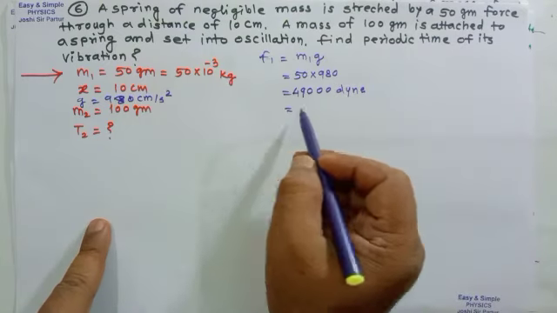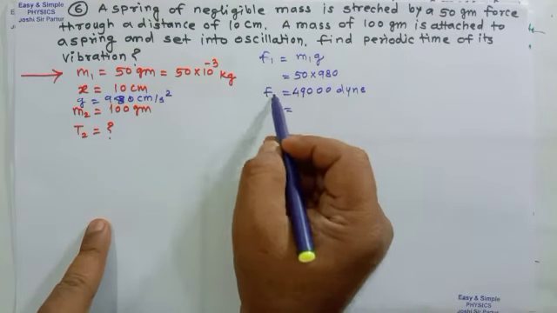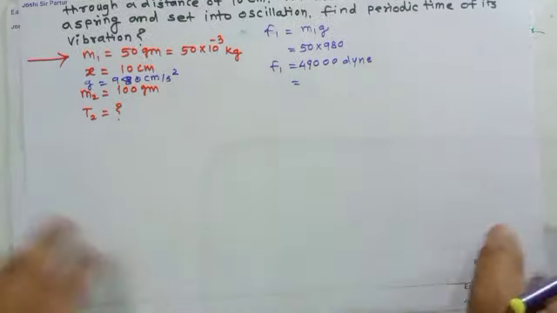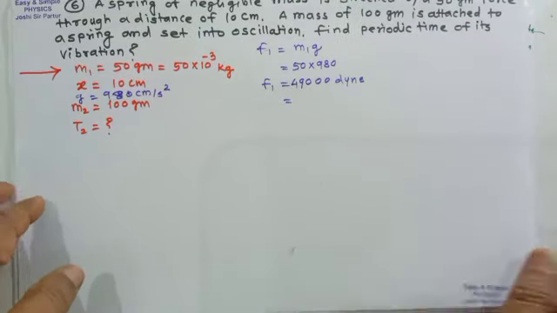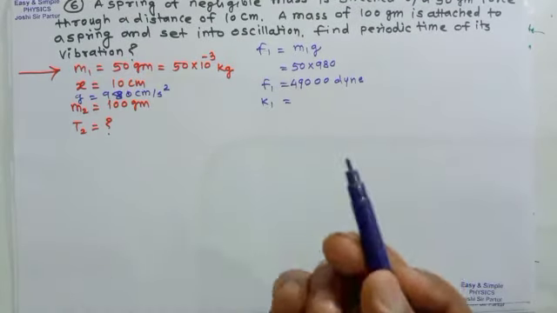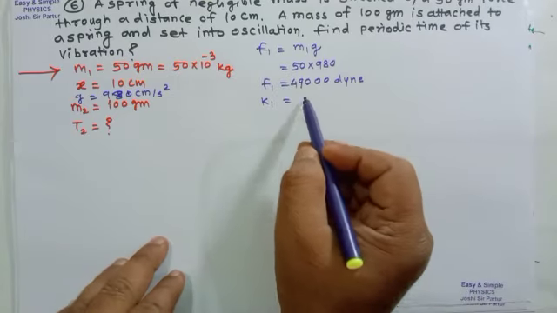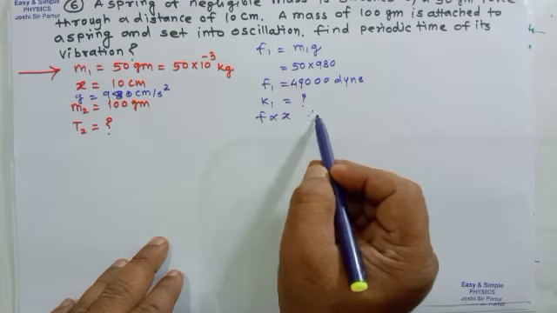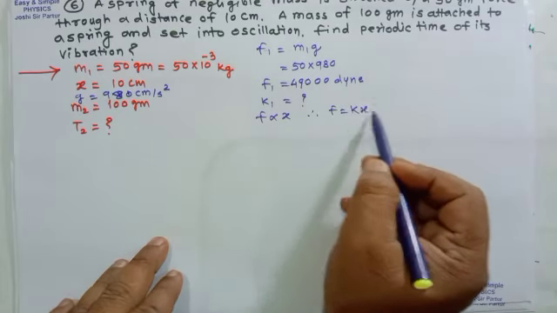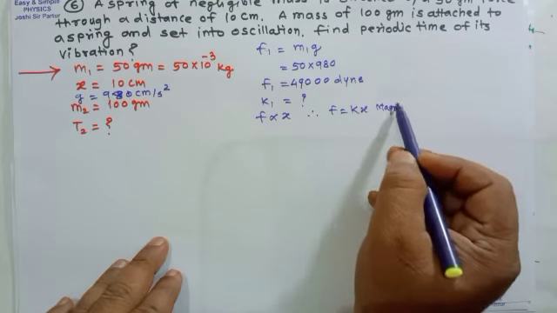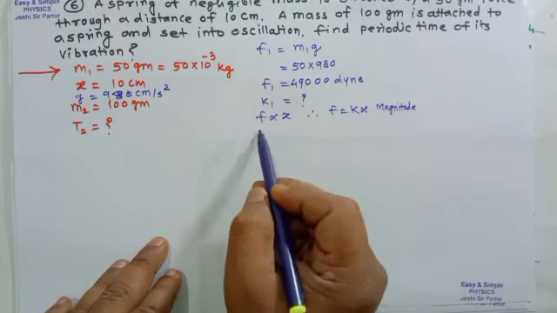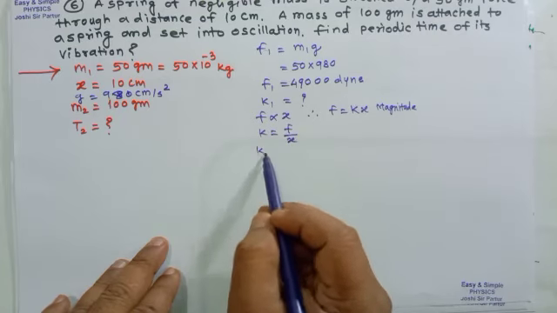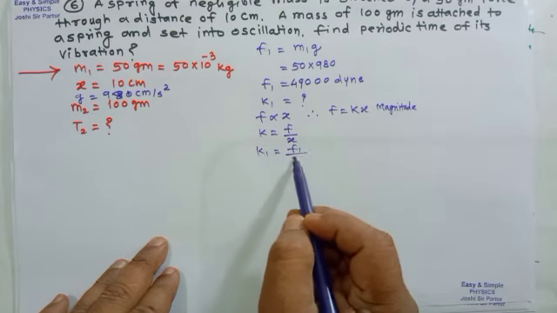We can write force as F1 in dyne. So by using spring constant K1, we know that F is directly proportional to X. Therefore F is equal to Kx in magnitude. So K is equal to F upon X. For the first mass, K1 equals F1 upon X.